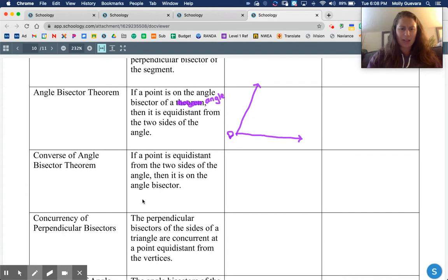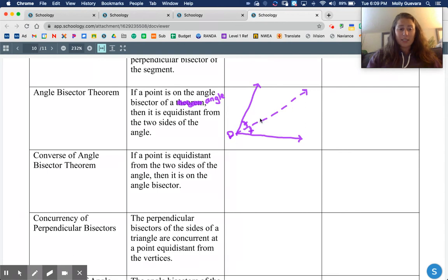If I have an angle bisector, remember an angle bisector means it's a line or a ray that divides my angle in half. Bisect means to cut in two. So it cuts this angle in half, meaning that this angle right here and this angle right here are the same.